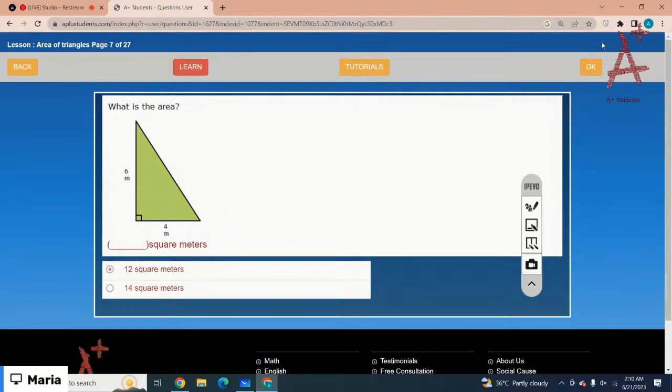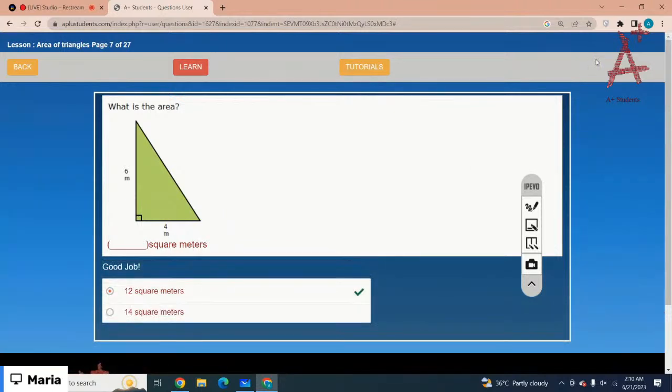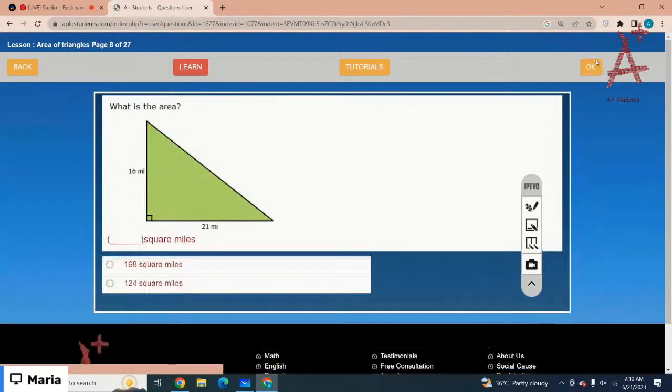It is 12 square meters. Got it? What is the area? So which is the correct option?